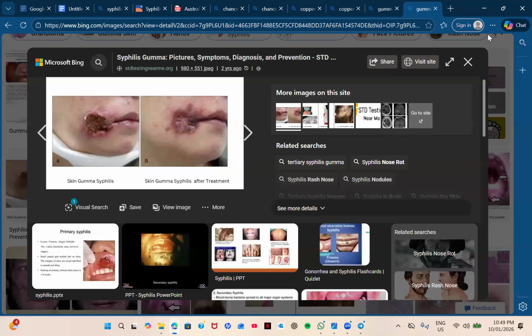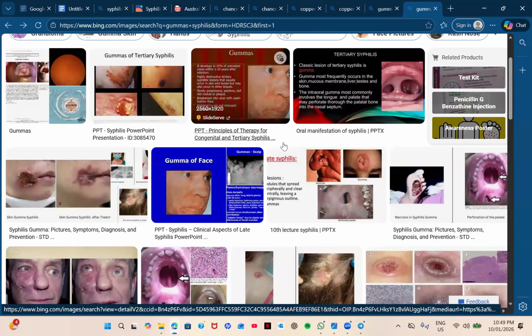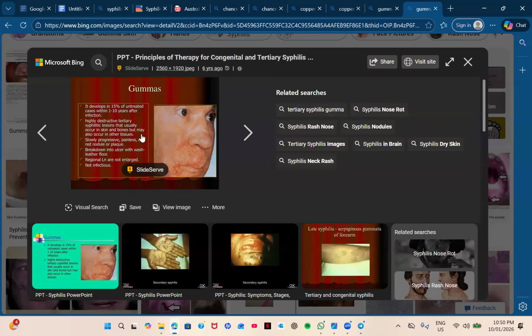So, the complication, okay? It's a destructive lesion, a skin lesion that usually occurs in the skin, bones, and other tissues as well. A painless, dull red nodule or plaque that breaks down into an ulcer with a wash-leather floor.